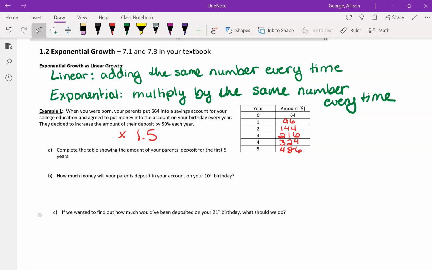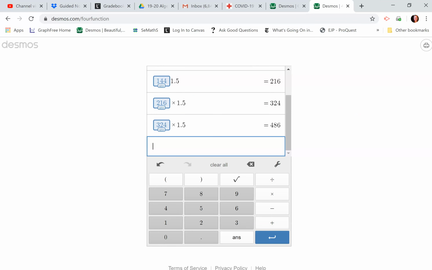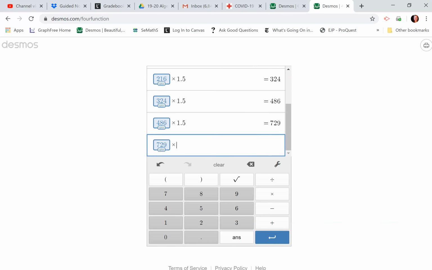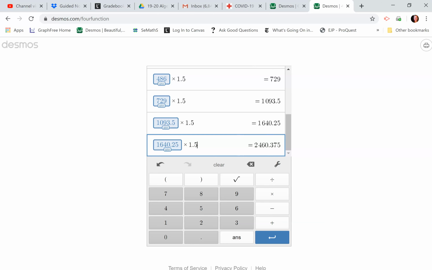Part B is asking how much will your parents deposit on your 10th birthday? Well, we know year 5, so we just need to keep going. So jumping back over here, this is year 6, year 7, year 8, year 9, and year 10.